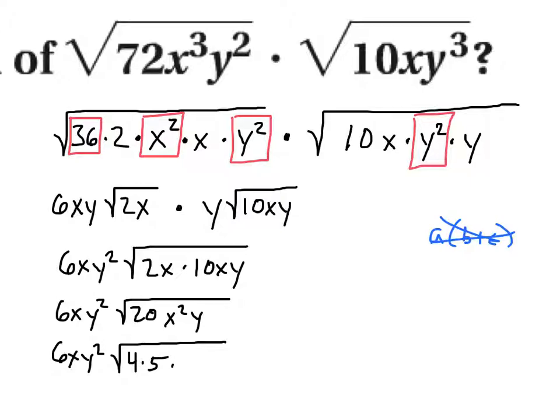How about x squared? Is that already a perfect square? Yes, it is. And how about y? Can we do anything with y? y stays y. We can't do anything with it. So our only perfect squares that we can worry about right now are the 4 and the x squared.